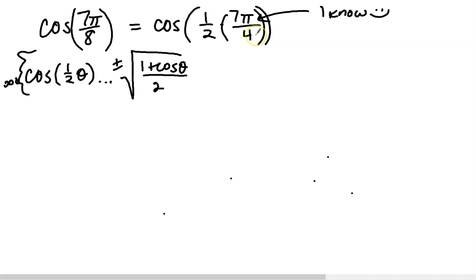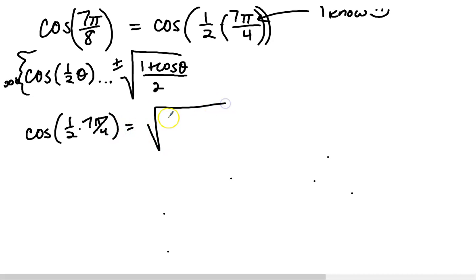So now you're going to plug in. If I'm doing cos of half of 7 pi over 4, that would be 1 plus cos of this angle I know, because this thing that you're putting in here should always be the angle you know, over 2. Again, I will have to figure out the plus or minus in a second.